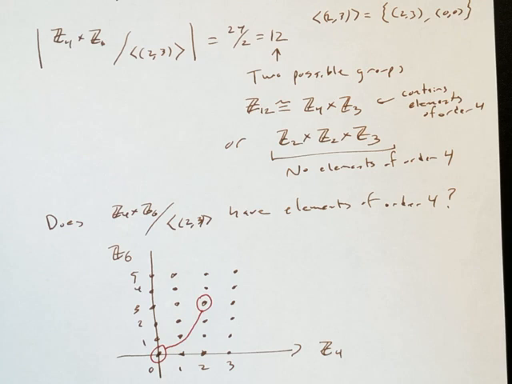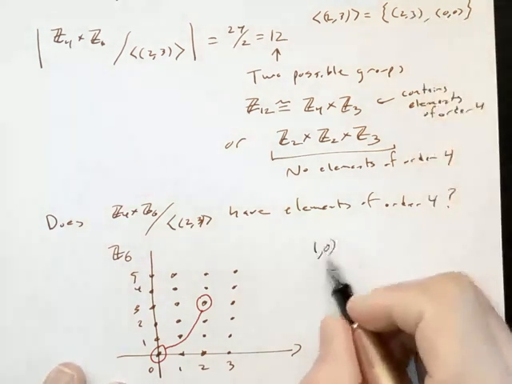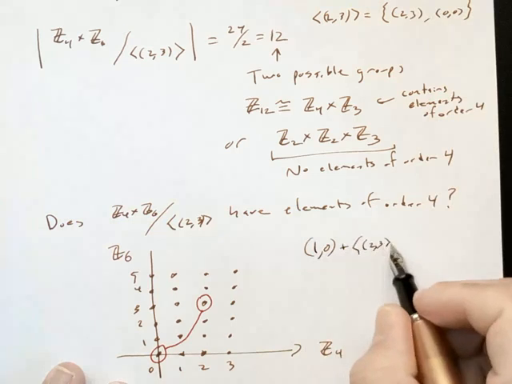Give me an element that's not in the normal subgroup. An easy one: 1, 0. What's the coset? 1, 0 plus 2, 3.